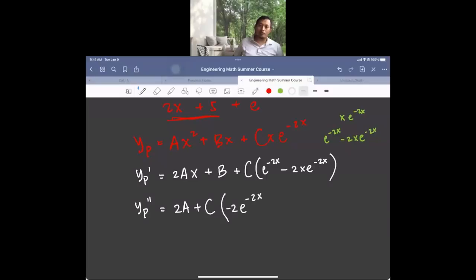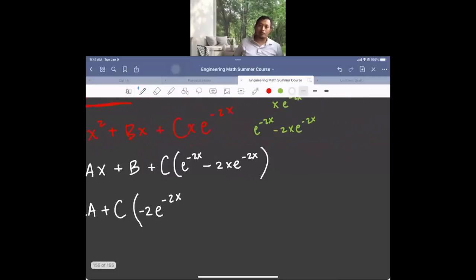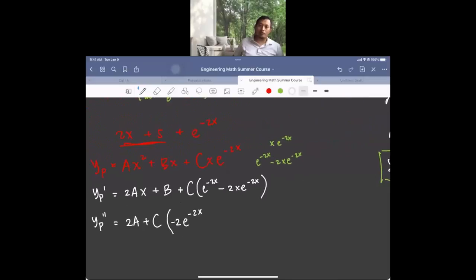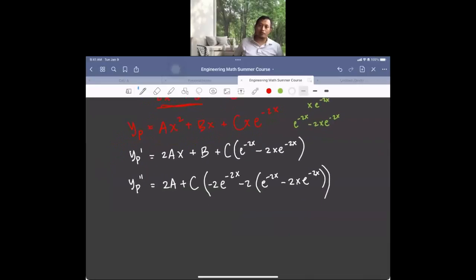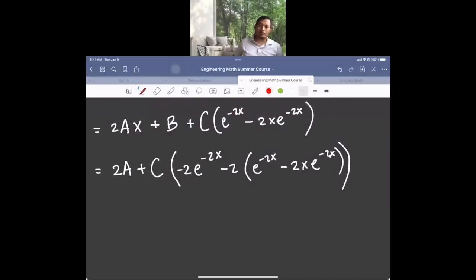So 2a plus, still c, -2e^(-2x) and the same term again, e^(-2x) minus 2x e^(-2x). Let me write one by one.